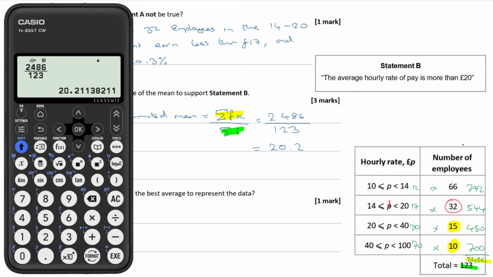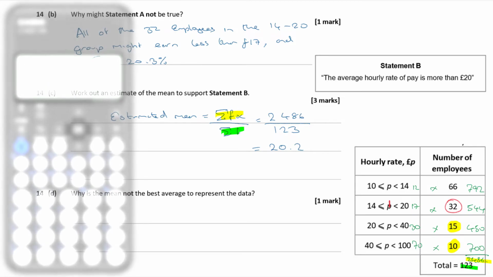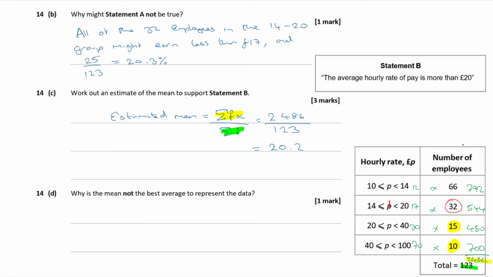Okay, so what we're trying to prove, the average hourly pay is more than £20. So we can say yes, this exceeds £20. Okay, so statement B is justified.